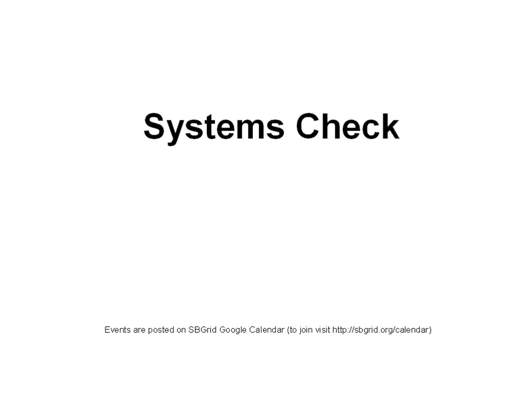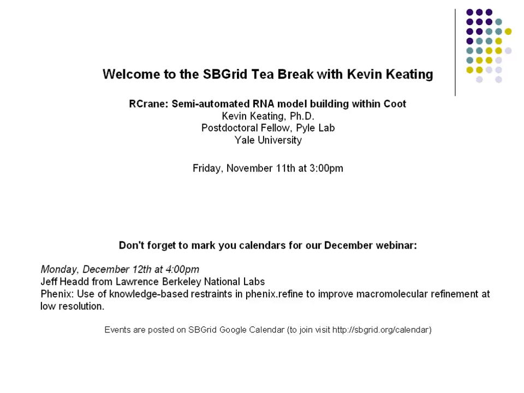Kevin Keating here came from, as I mentioned, Yale University. He has a Bachelor of Science degree in computer science from Tufts University, which he obtained in 2004. Afterwards, he moved to Pyle lab at Yale University where he obtained his PhD in December of 2010.